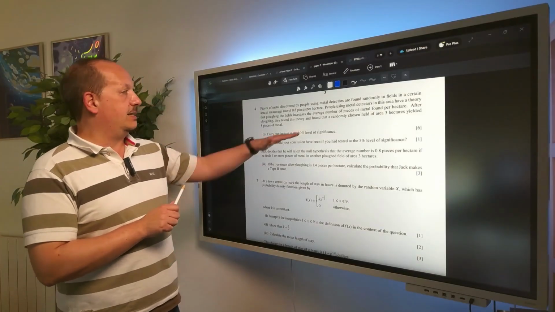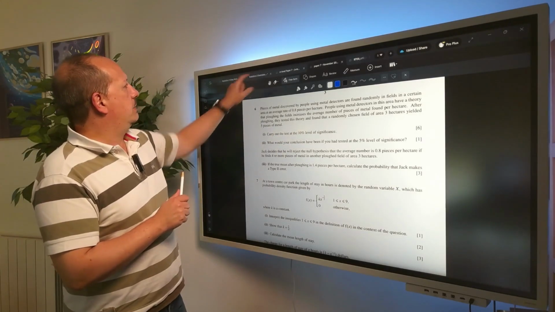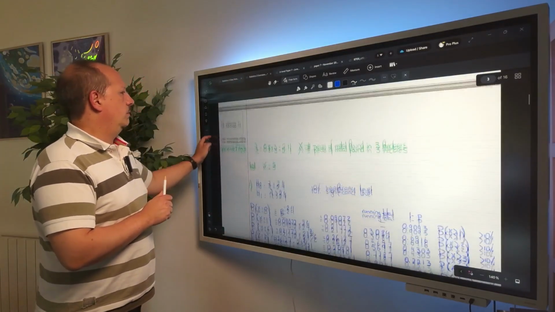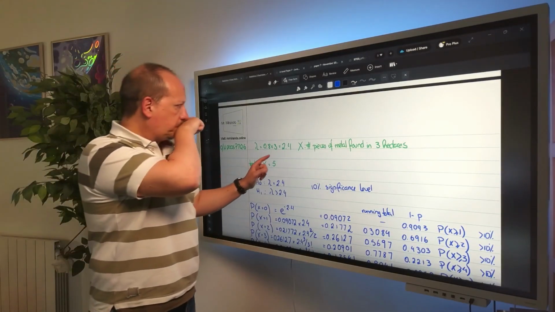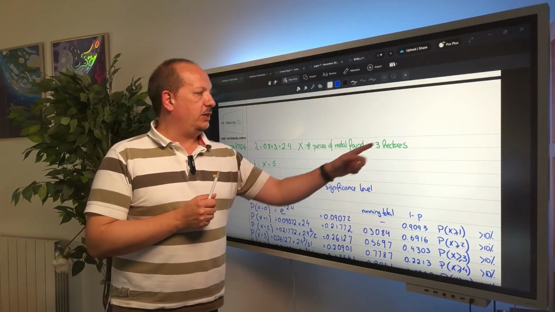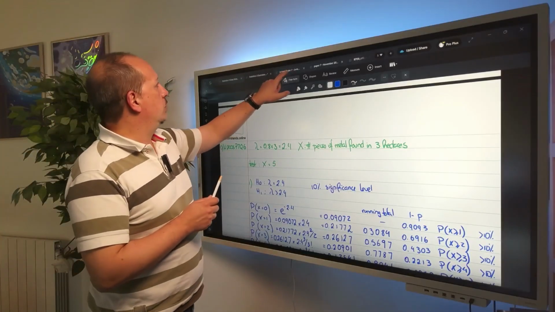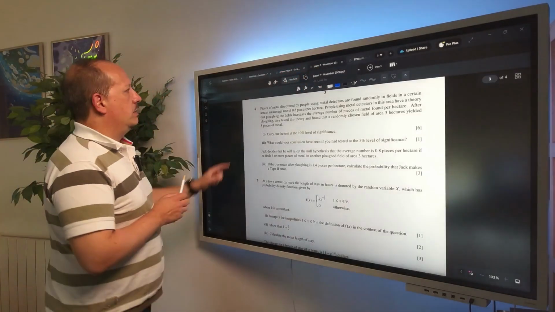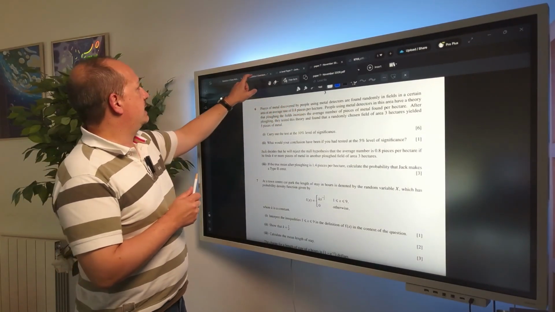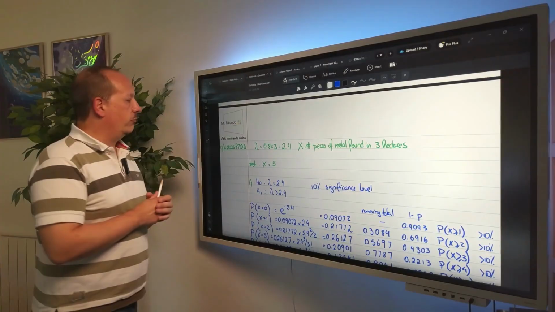Carry out a test at the 10% significance level. Okay, so let's put the information here first. If X corresponds to the number of pieces of metal found in a 3-hectare field, then we are going to multiply the number of pieces per hectare times 3, which is the area of the field, which gives you a value of 2.4.